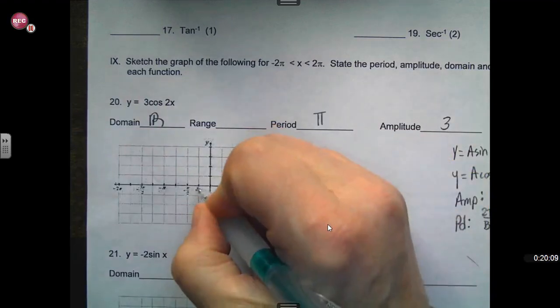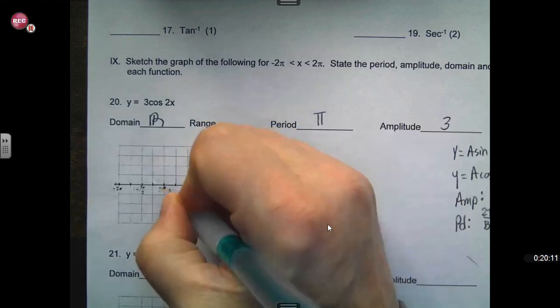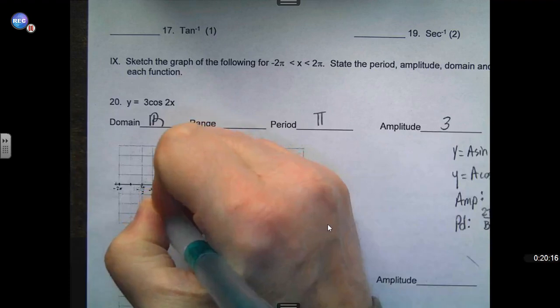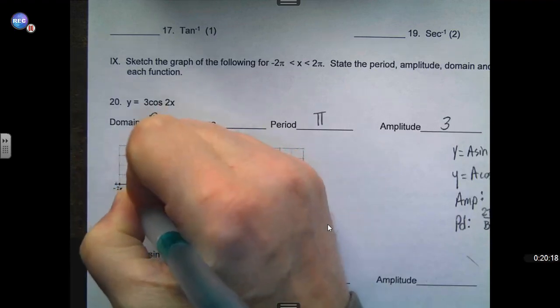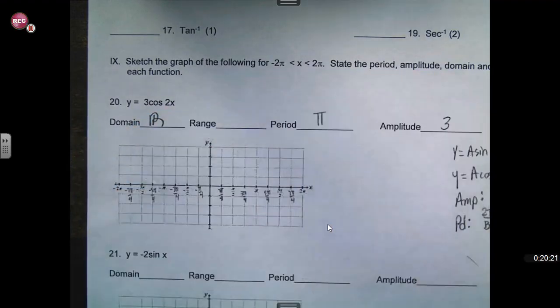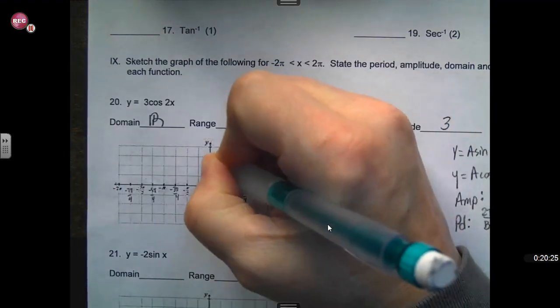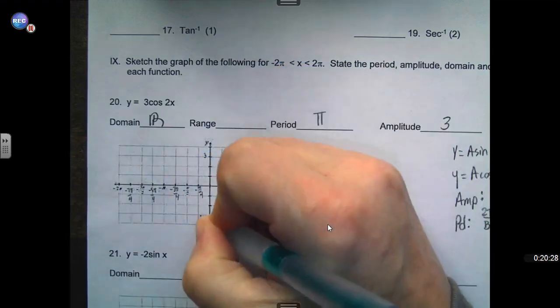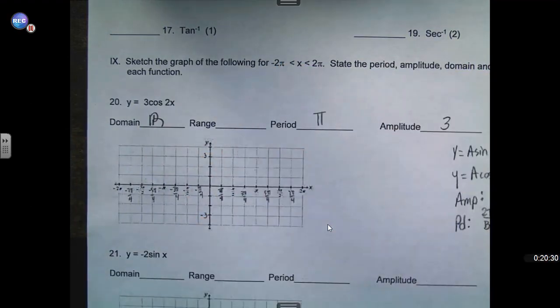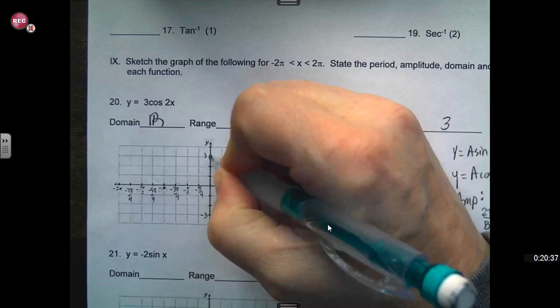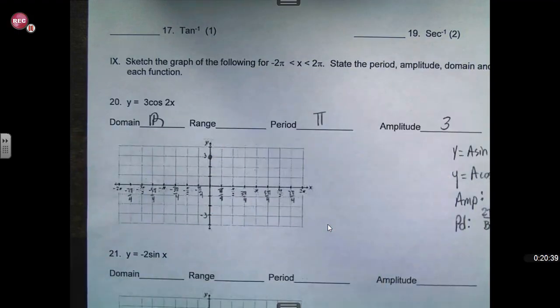And negative pi over 4, negative 3 pi over 4, negative 5 pi over 4, negative 7 pi over 4. And then this is going to be 3, obviously, and this is going to be negative 3 because that's the amplitude. And then the cosine of 0 is 1, but it's 3 in this case because we're multiplying that by 3. And then from there, the cosine graph goes down to 0.